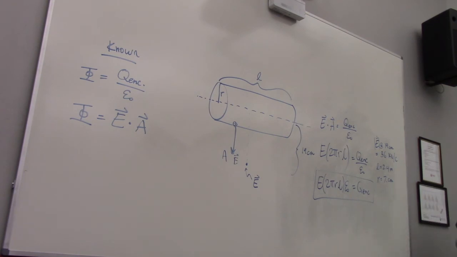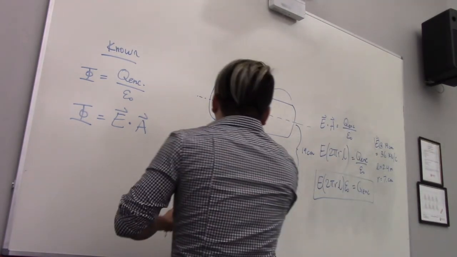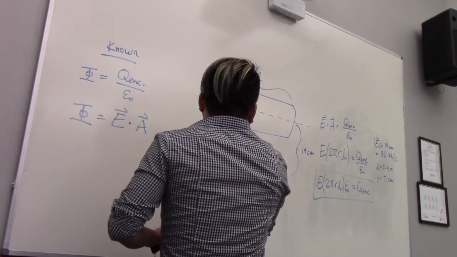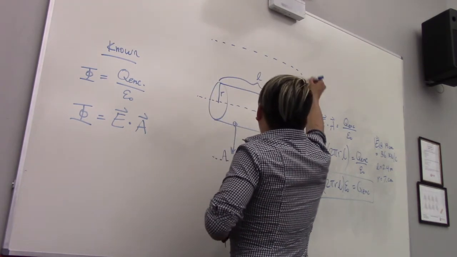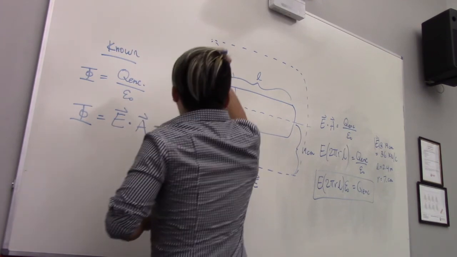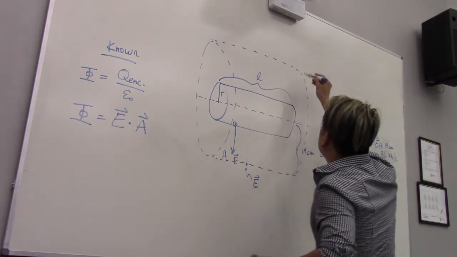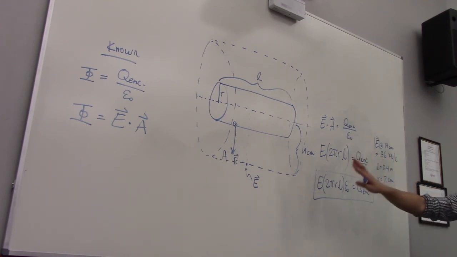Because the Gaussian surface that I'm drawing is going to be a cylinder. Imagine a bigger cylinder. You see that, the big cylinder? You know how in the second problem I drew a 2D case, where we drew a boundary and enclosed the charge? We're now doing this in 3D.